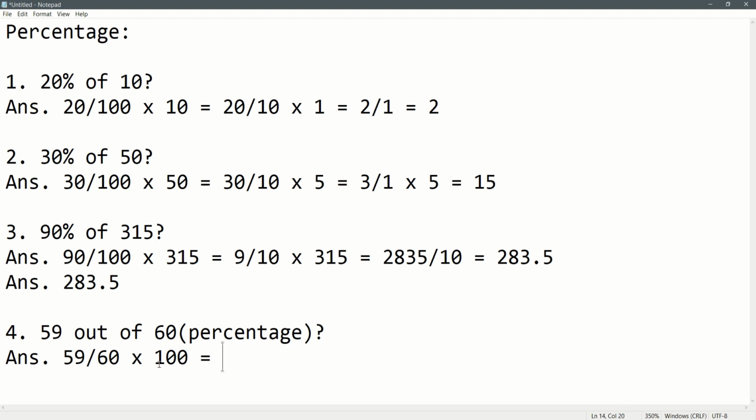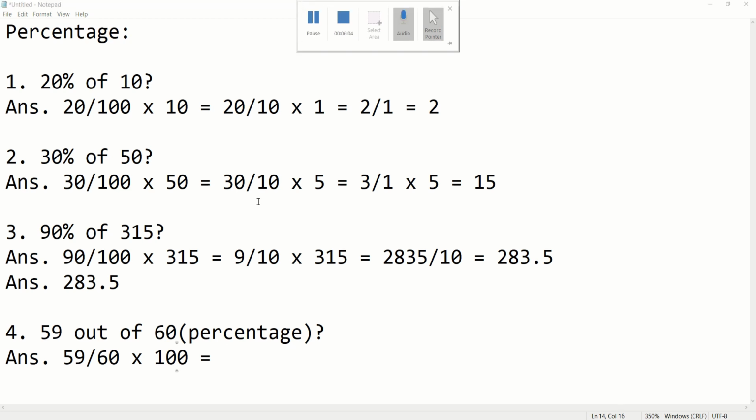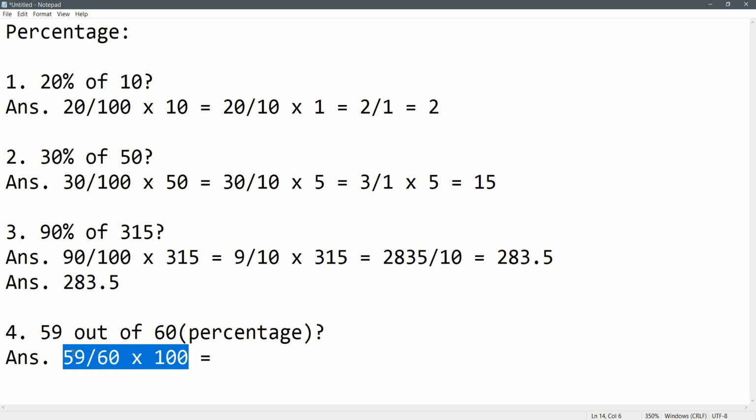So 59 divided by 60 multiplied by 100, this is what I have written over here as you are able to see. Let me just copy this one so that I can paste it in the future.